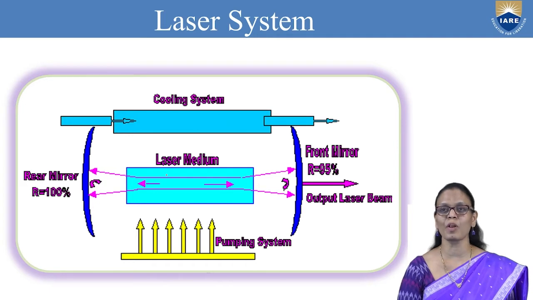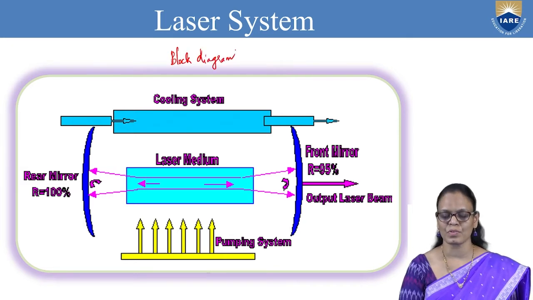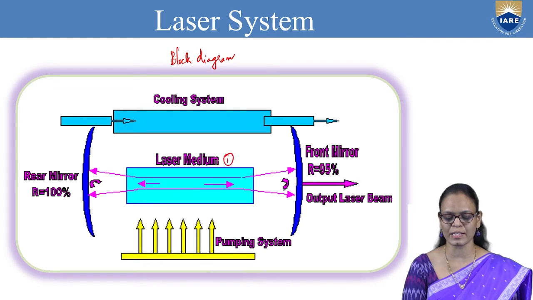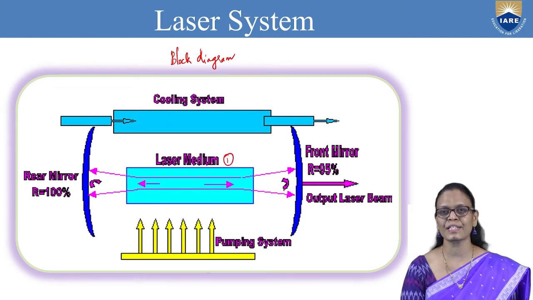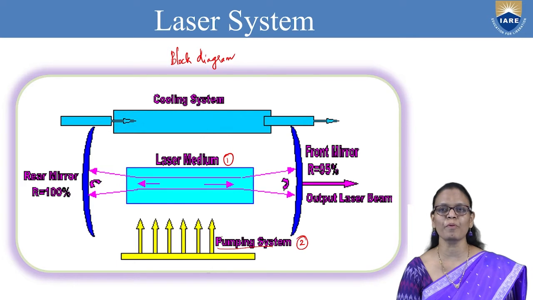And this is the block diagram of a laser system. So the first part is the laser medium, the active medium. Second is the pumping system. Any type of pumping we may choose, the optical pumping or the chemical pumping or the electric discharge.